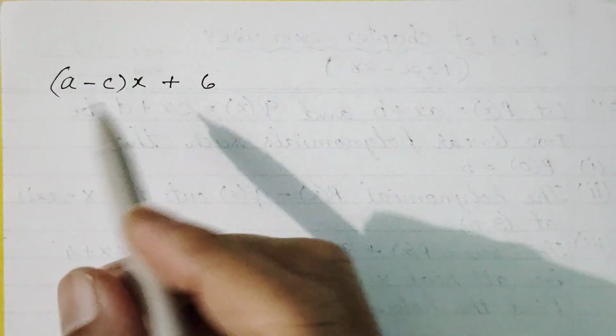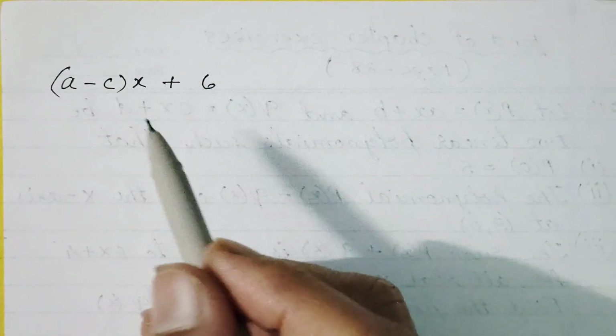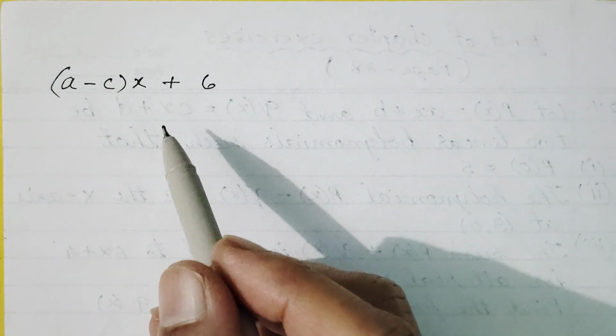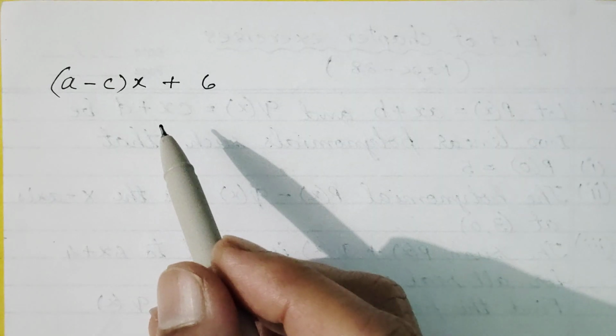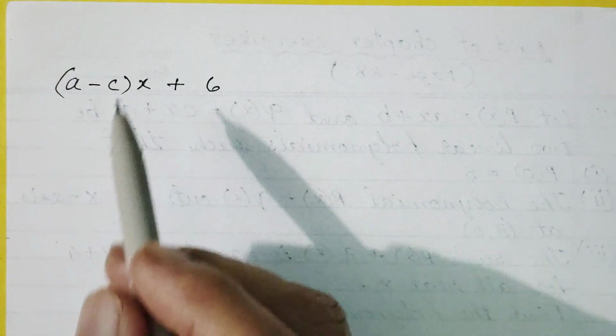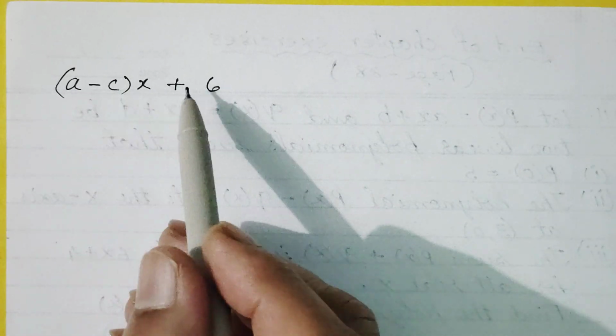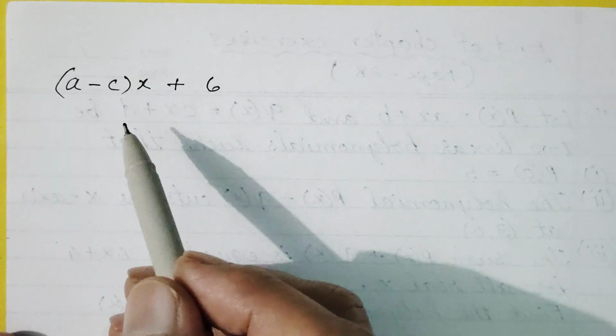So what we got? A minus c into x plus 6. This cuts the x-axis at (3, 0).